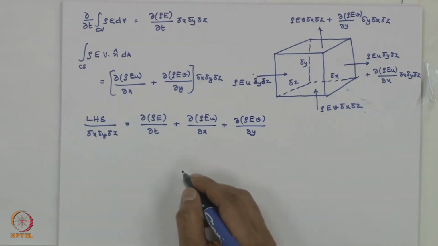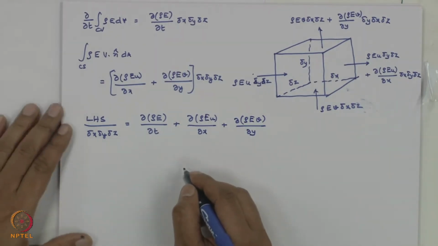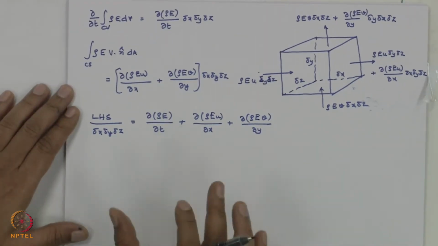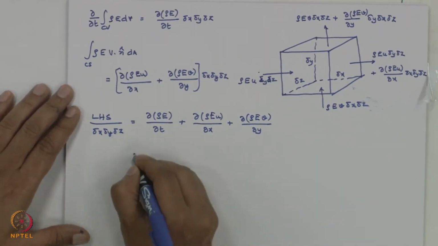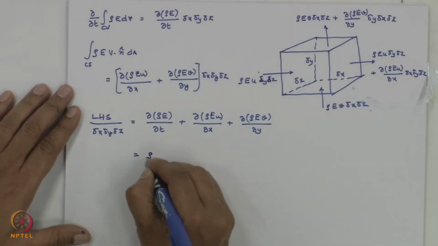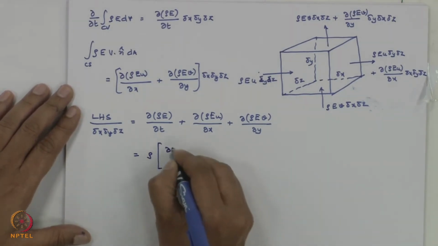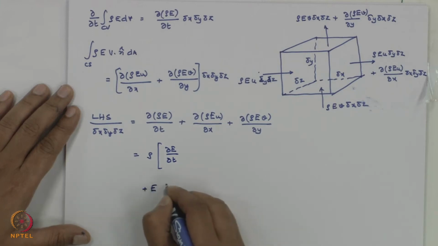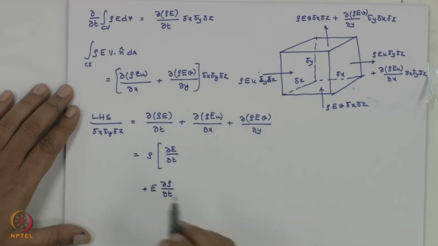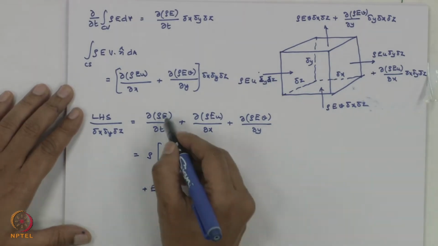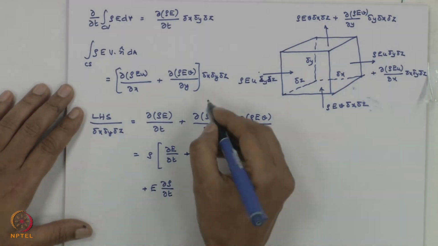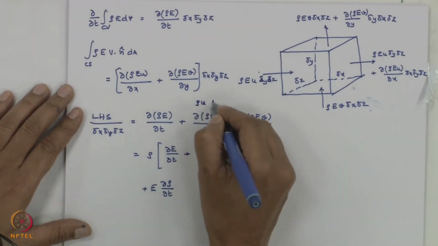Okay. So now we will expand this and write it in some nice form. We just expand: that is ρ ∂E/∂t plus E ∂ρ/∂t. I kept one constant and differentiated the other. This first term is over. Plus, I am going to keep ρU and E separate.